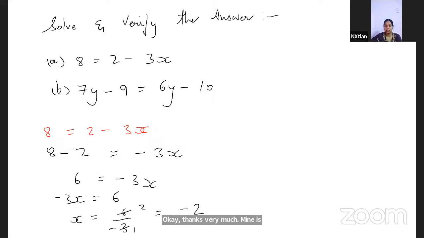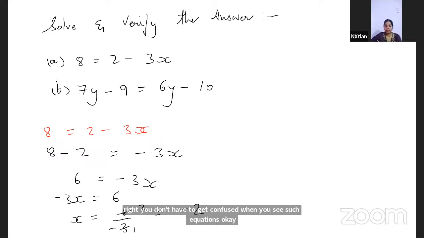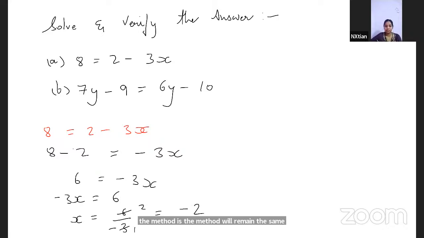All right, you don't have to get confused when you see such equations. Okay, the method will remain the same. Yes, Simeon, wanna say something? If it's 8 equals 2 minus 3x, how did it become 8 minus 2 equals minus 3x?